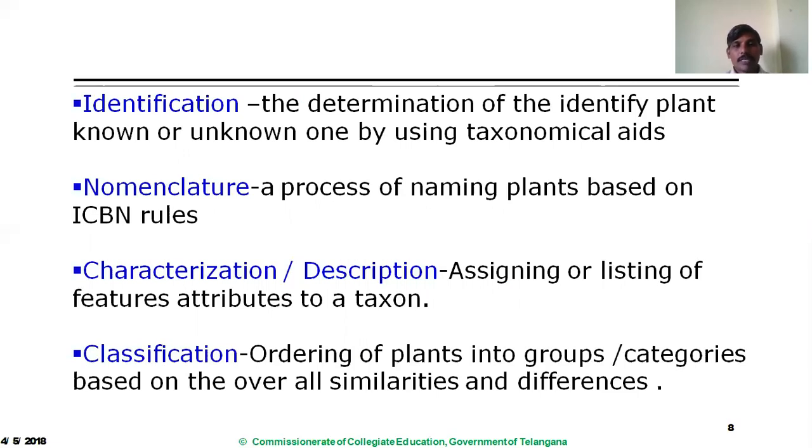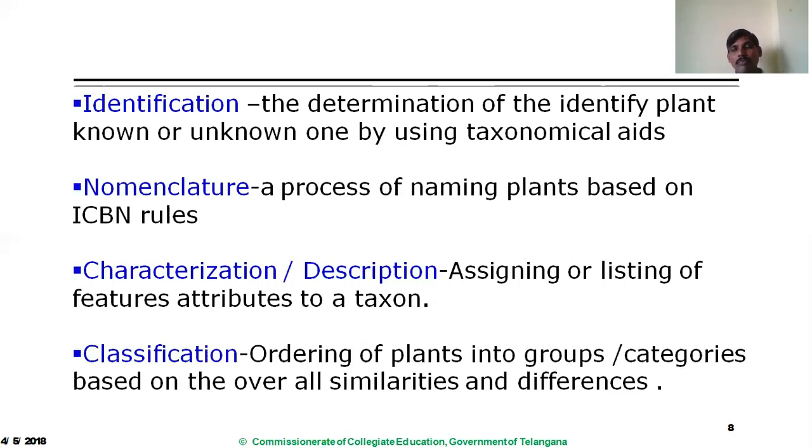Third step is characterization or description. Before doing the classification, you have to list the features or attributes of a taxon. So you have collected and identified the plant. You can describe the plant vegetatively, morphologically, and its reproductive parts and other molecular level characteristics.